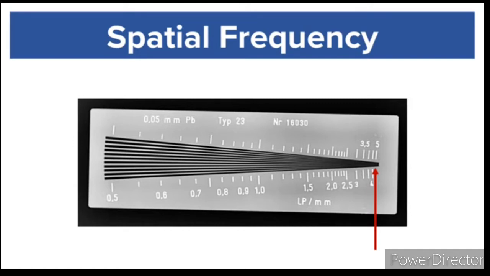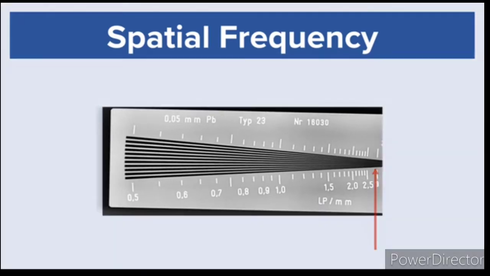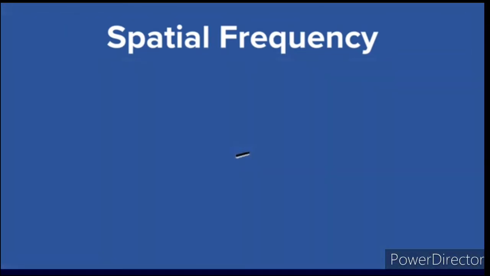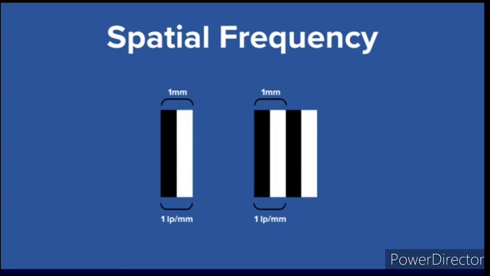Let's zoom in on a single line pair. Now we'll draw two lines to represent one pair of lines, also known as a line pair. Now our drawing represents one line pair per millimeter.